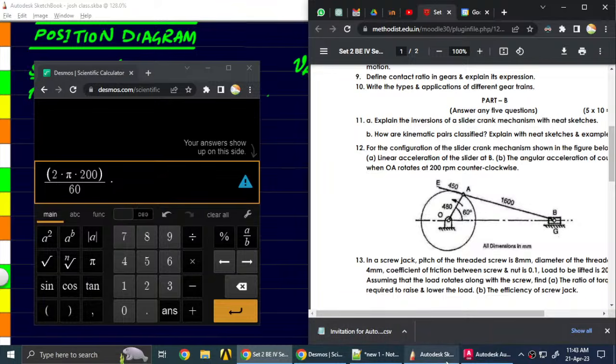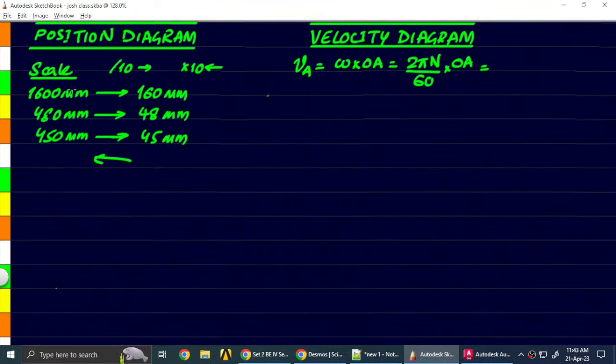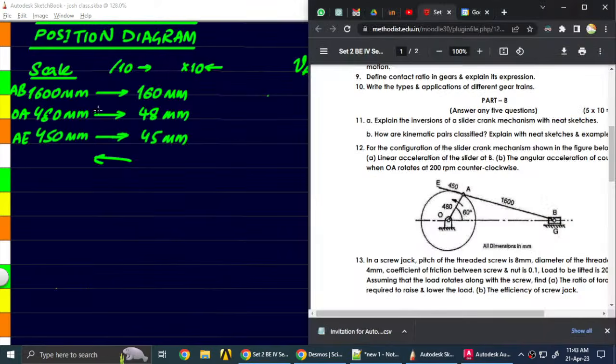This length here is OA, this one here is AB, and this here is AE. We have to take the actual length and not the drawing length. So 480 mm is what we have to take.